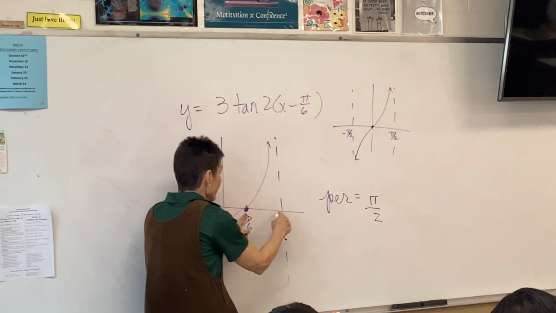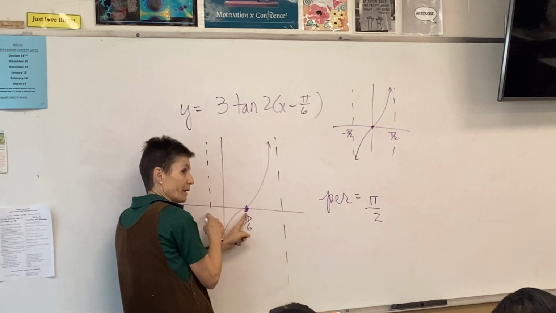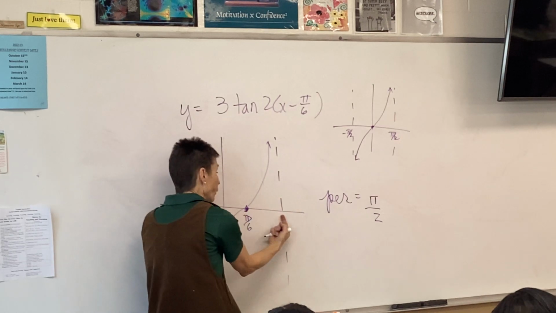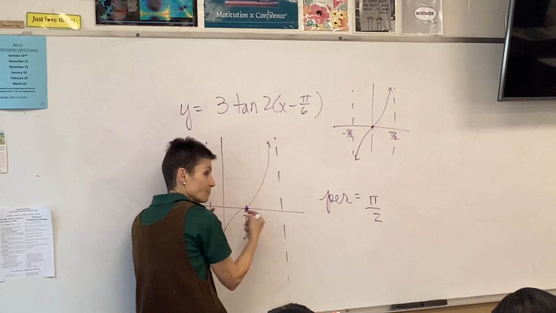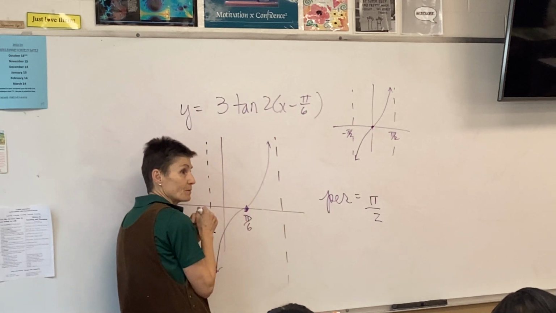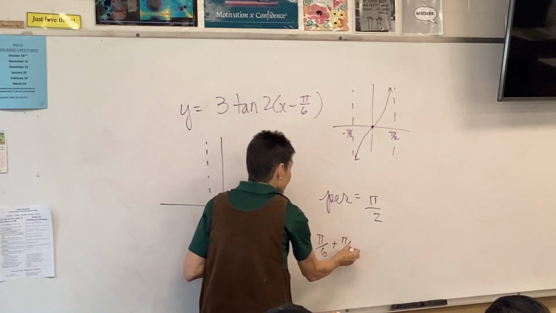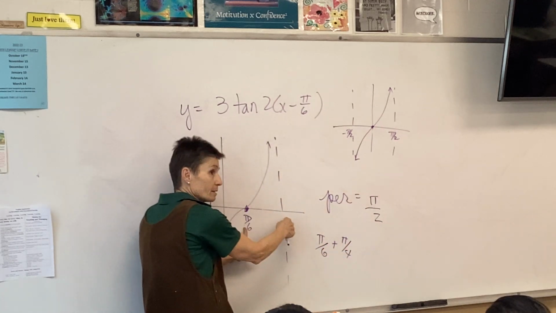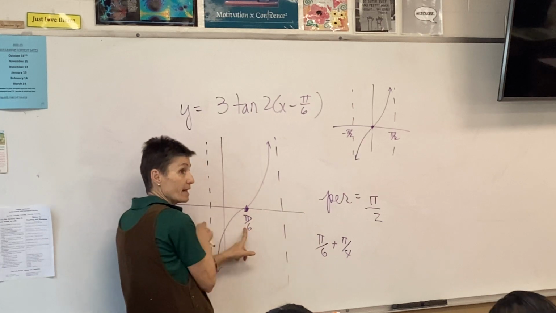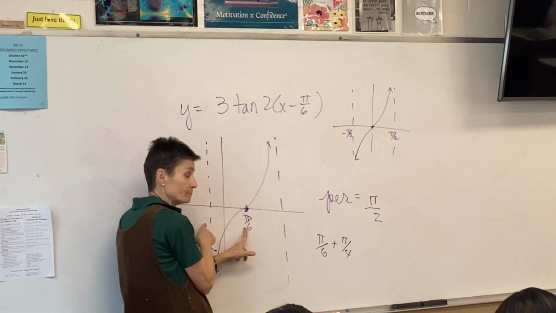So how far forward and backward will I have to go if the whole thing is pi over 2? A quarter pi. So I'm going to take pi over 6, and I'm going to add a fourth, and then take pi over 6 and subtract a fourth.